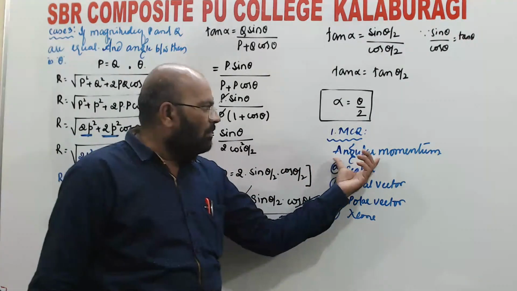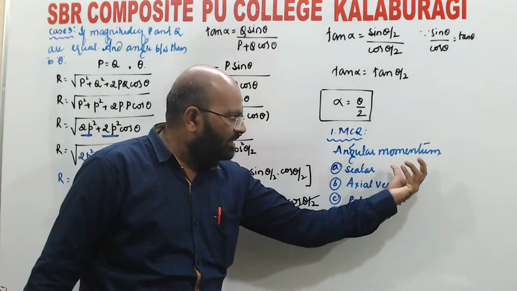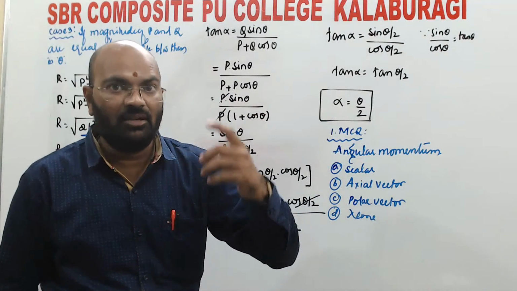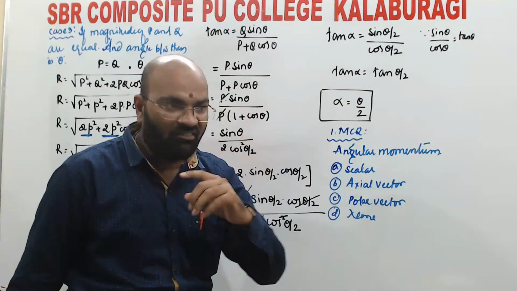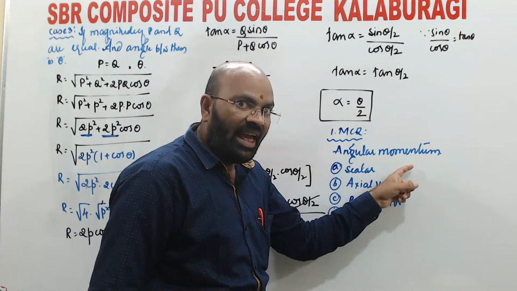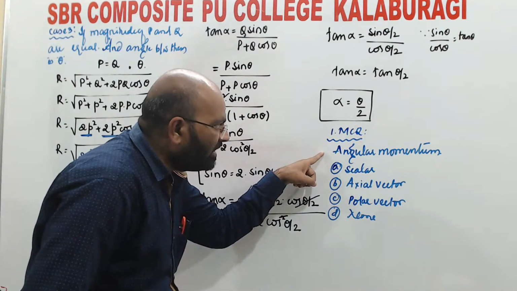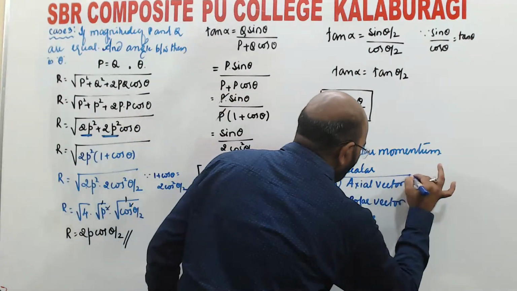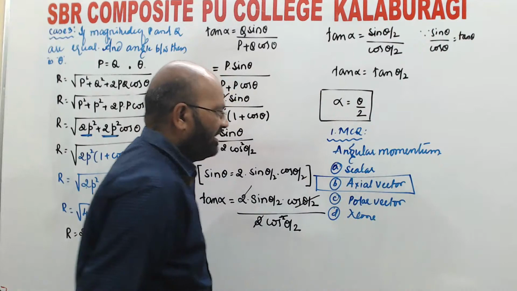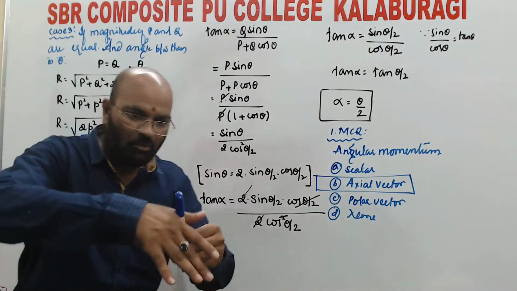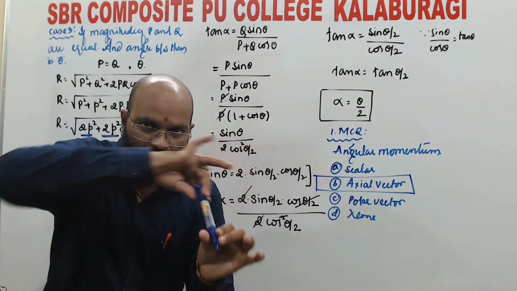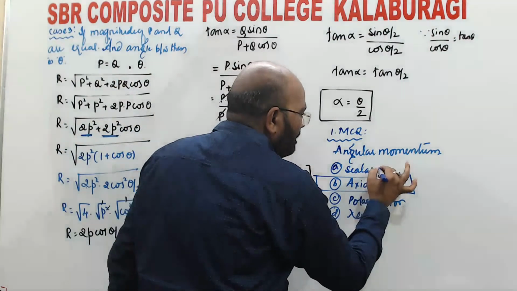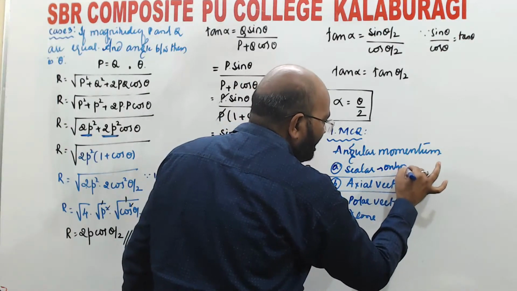Remember, angular momentum, the rotating effect produced by the polar vector is called an axial vector. It means angular momentum is the best example of an axial vector. It will rotate about its own axis. See, a rotating top is the best example. Okay. Similarly, a scalar has only magnitude.